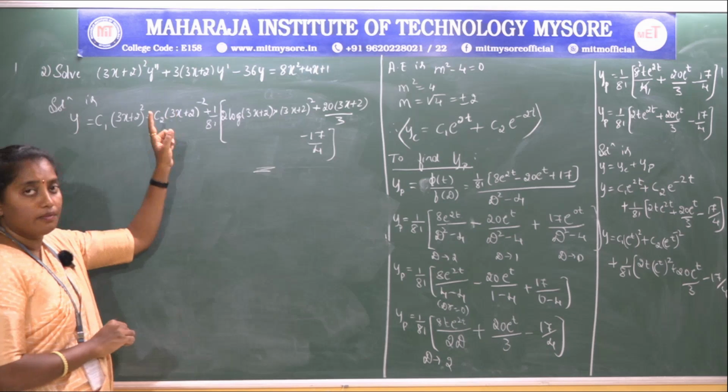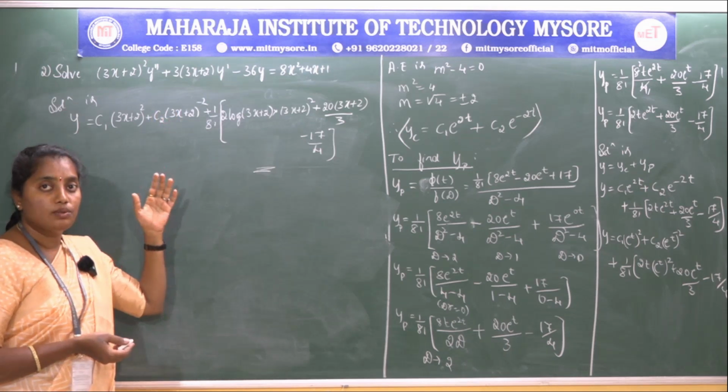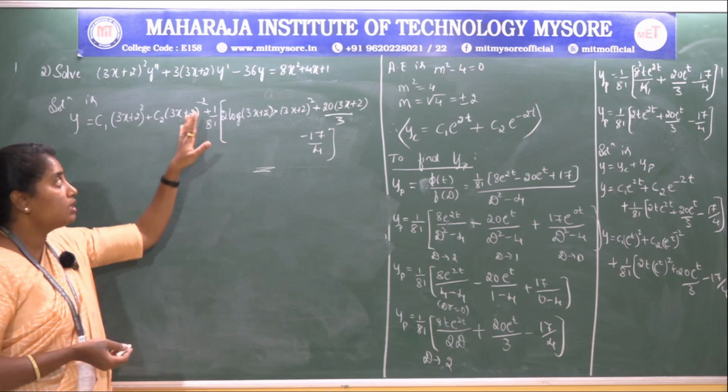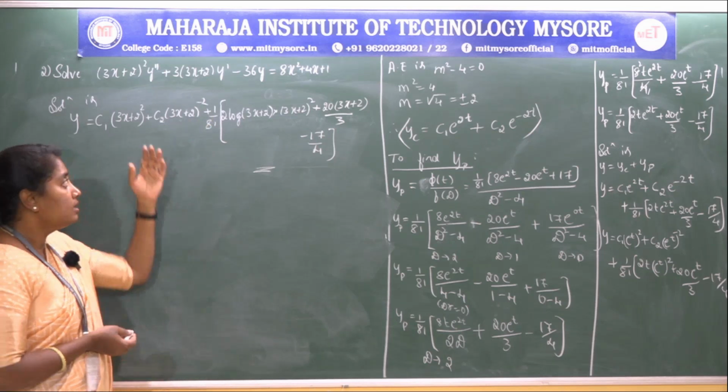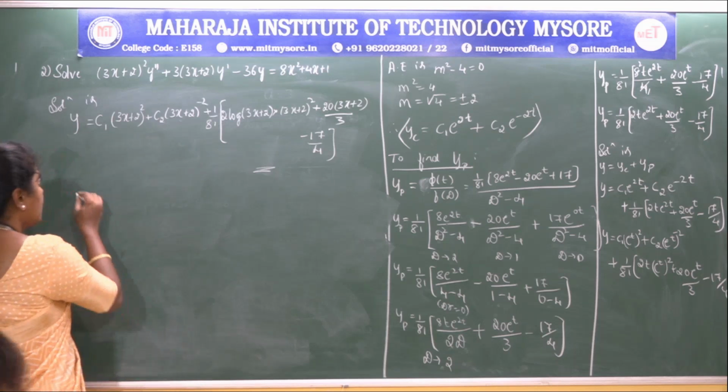Here, this term we can write as 3x plus 2 to the power of minus 2. This can also be written as 1 by 3x plus 2 whole square.